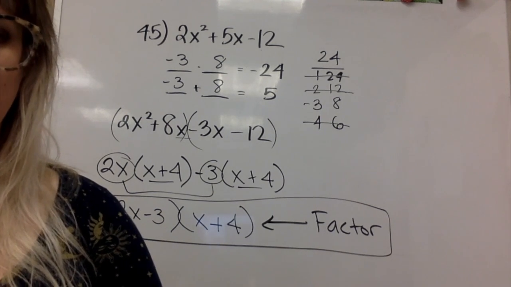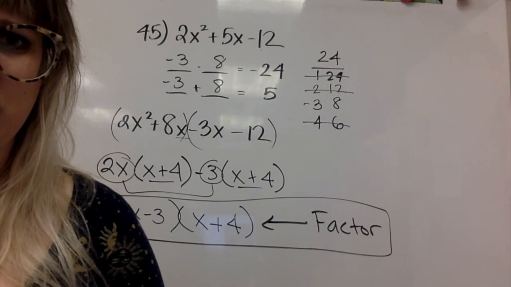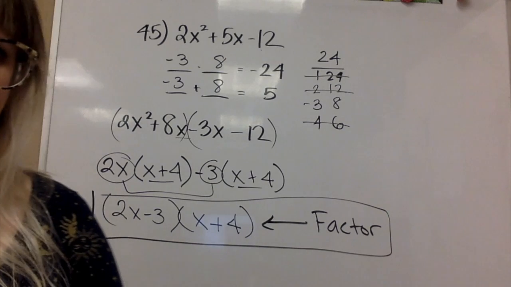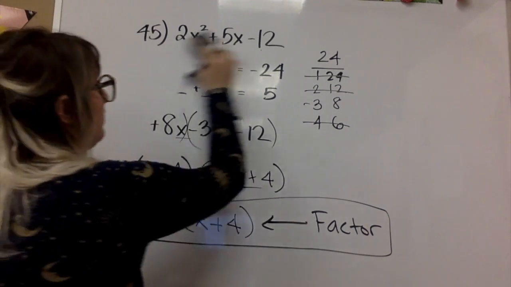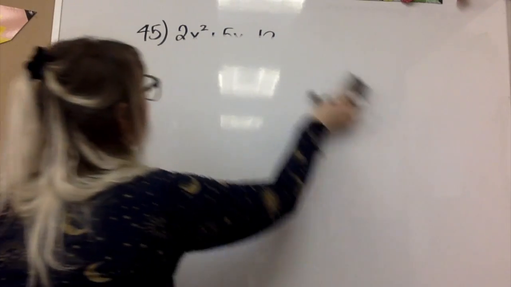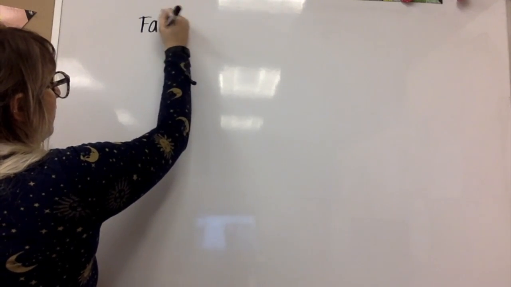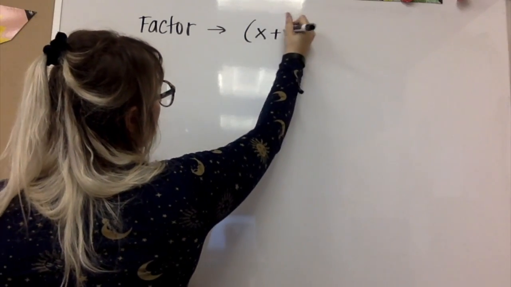Let's see. Let's do 52 then. 52, we're going to use the quadratic formula to solve. But before we do 52, here's a note. Factor, your answer will look like this.